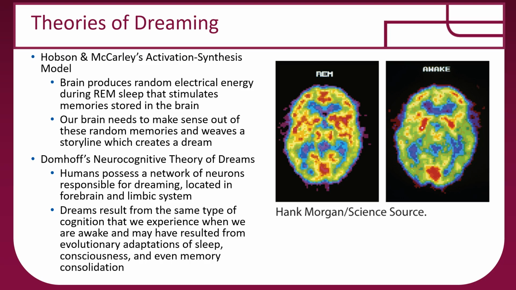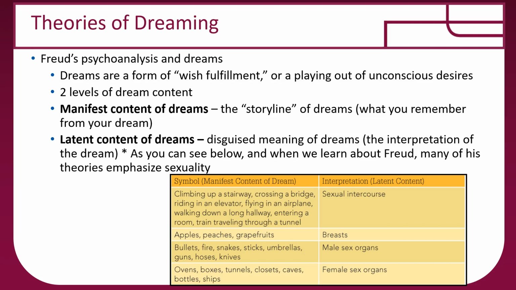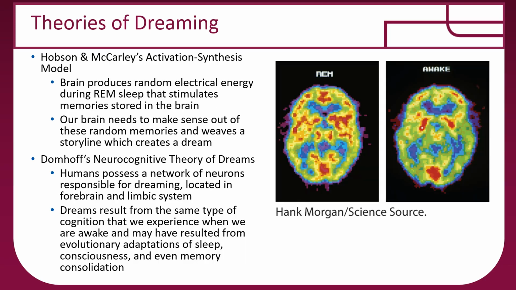Other theories of dreaming, and I'm going to go back to this and say, as Freud was really the beginning of psychology, we talk about it particularly historically, but there's very little actual scientific evidence on which his theories are based. Some more recent types of theories on dreaming: the activation synthesis model.